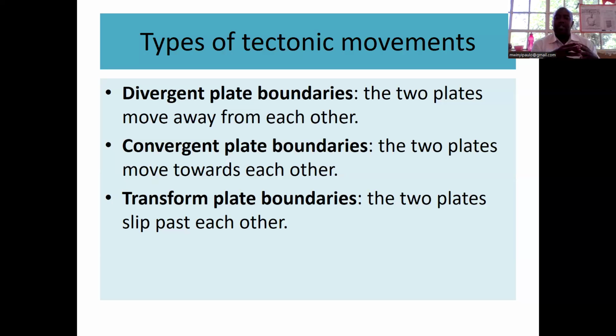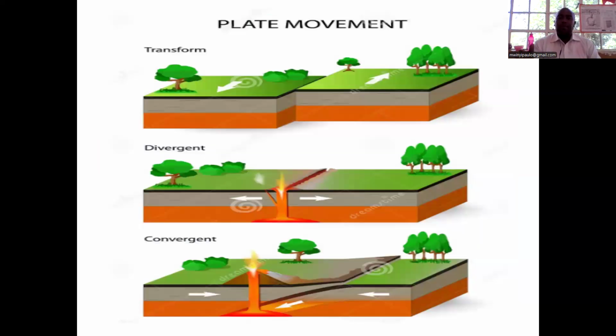The third one is transform plate boundaries, where the two plates slip past each other. There is a clear diagram showing transform, divergent, and convergent. Take your time and look at it. The arrows show you the direction of movement of the plates, whether towards each other, against each other, or sliding.